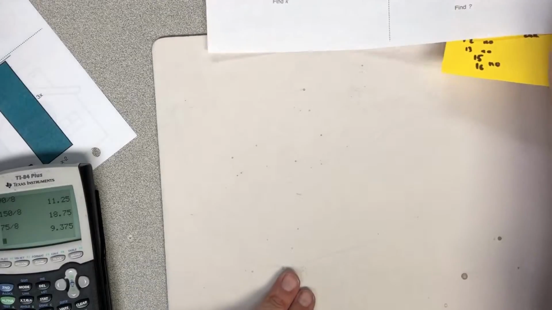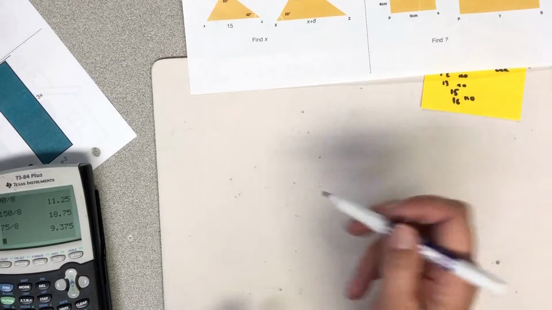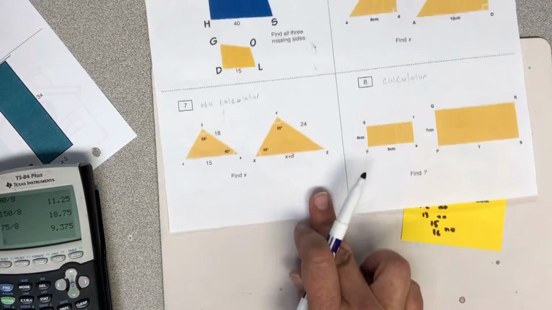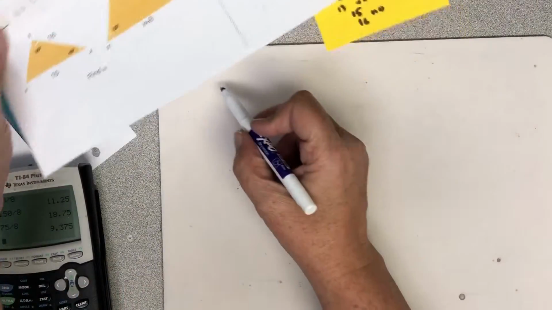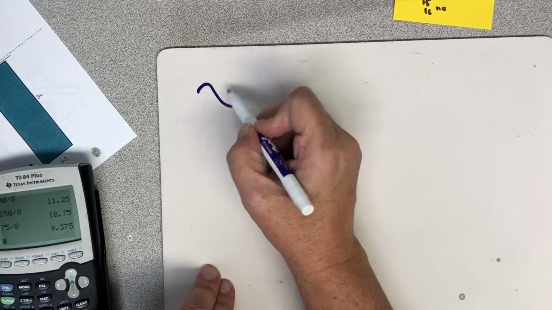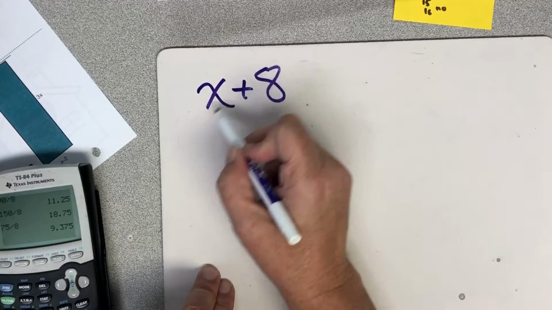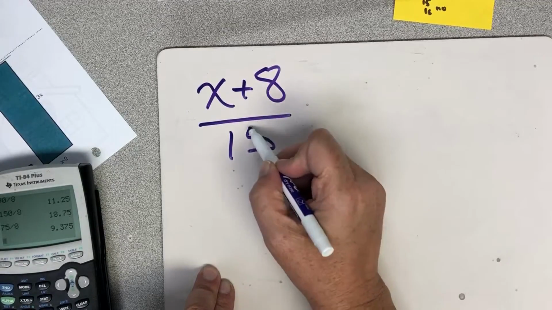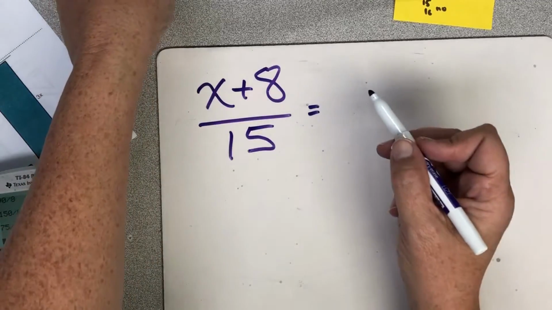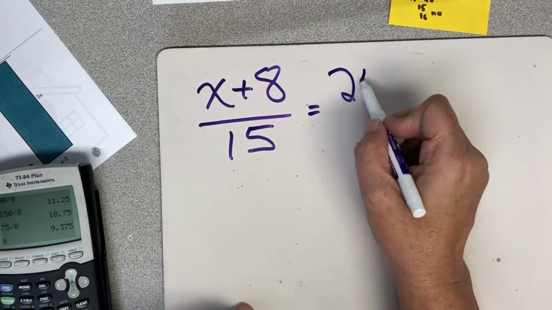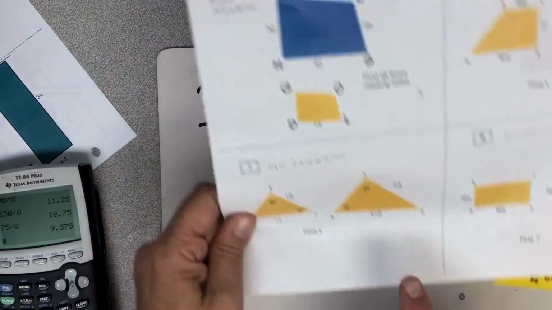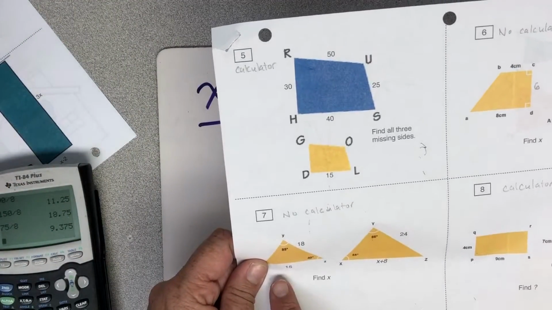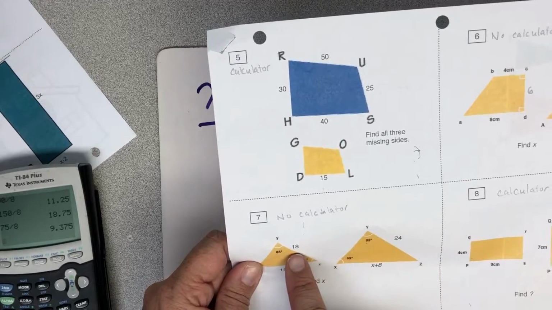So if we want to stick with our second over first, I'm going to set up X plus 8 over 15 equals 24 over 18, with 24 on the second figure.